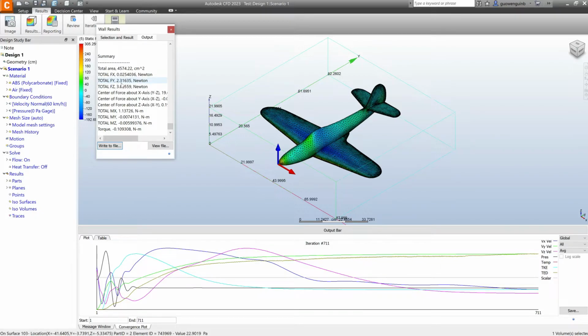In this case, that's 2.3 newtons, and the force in the z direction will be the lift, which is 3.8 newtons.